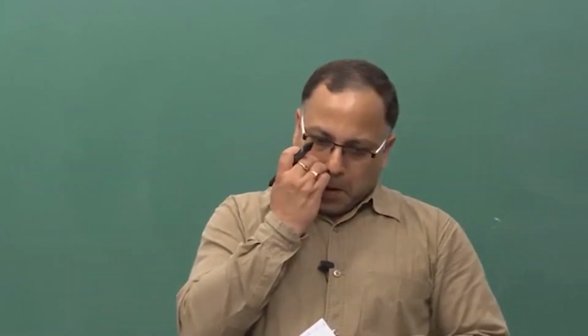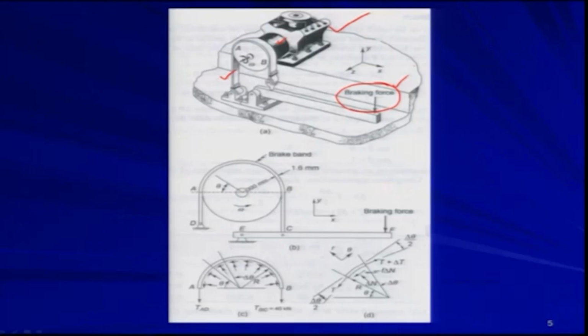Now, if you look at this complicated system in a very simple line diagram, this is the wheel, and this belt is around the wheel. This is the brake band, and you are applying the braking force here.